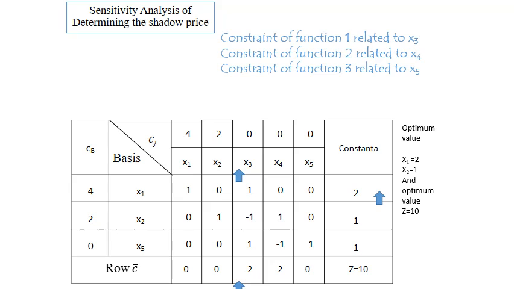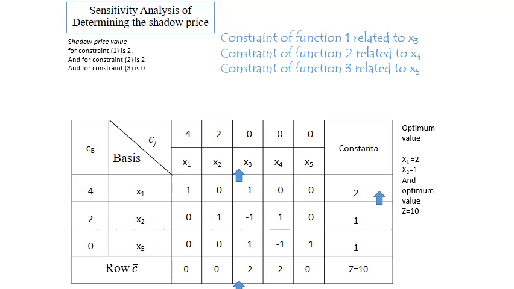Then as we can see, constraint of function 1 is related to x3, constraint of function 2 is related to x4, and constraint of function 3 is related to x5. Then the shadow price value for constraint 1 is 2, and for constraint 2 is 2, and for constraint 3 is 0.